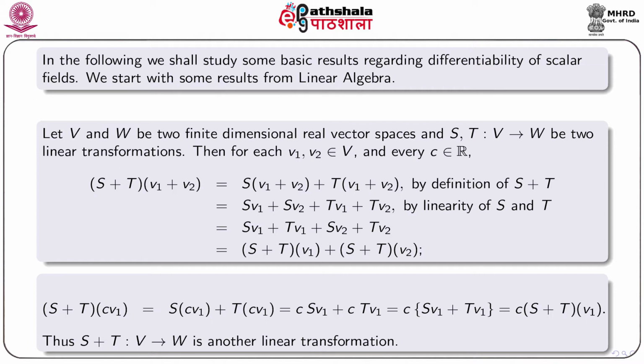This follows from the definition of S plus T. This equals S V1 plus S V2 plus T V1 plus T V2. This follows from the linearity property of S and T. So, we change the order of the elements and finally, we get S plus T operating on V1 plus S plus T operating on V2.